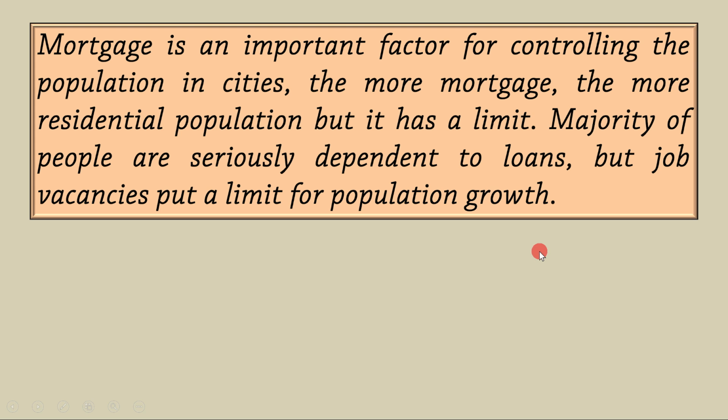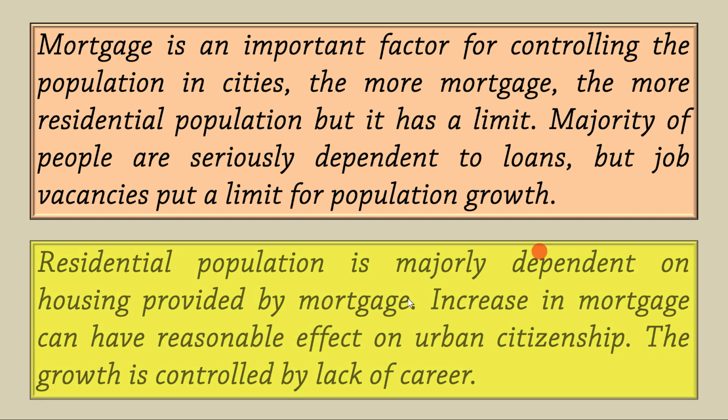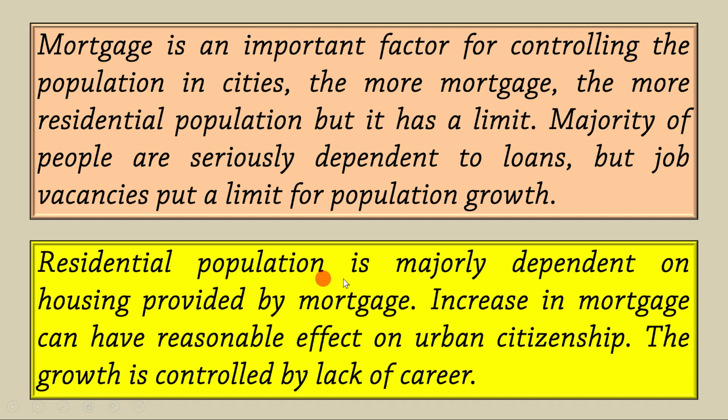Now you can use similar words to remind the reader in the conclusion, like: residential population is majorly dependent on housing provided by mortgage. An increase in mortgage can have a reasonable effect on urban citizenship. The growth is controlled by lack of career. As you see, it's not the same but carries the same meaning.